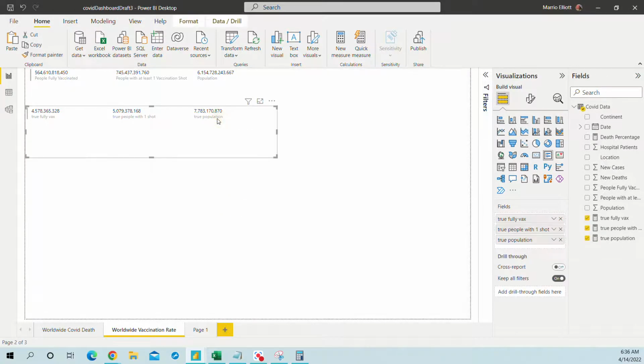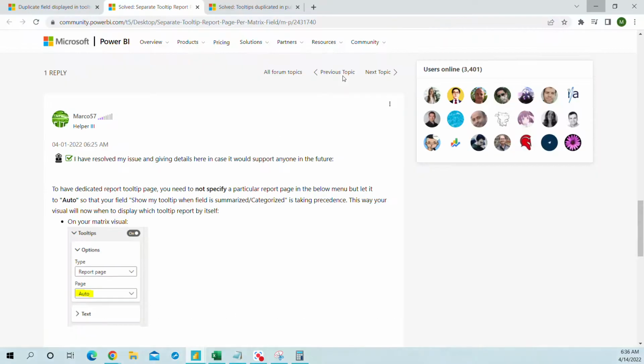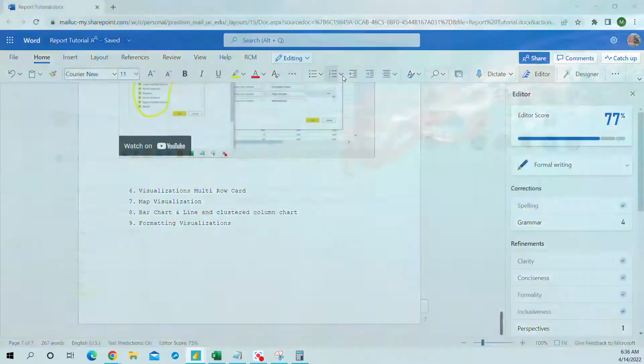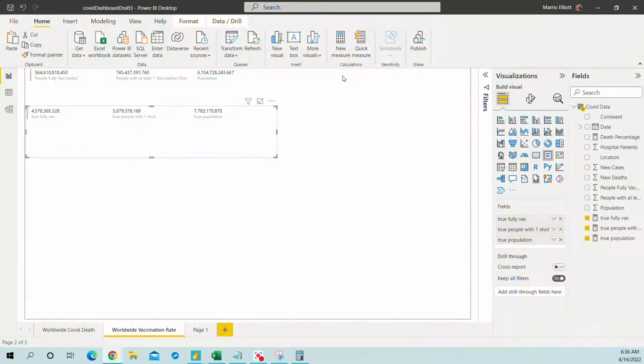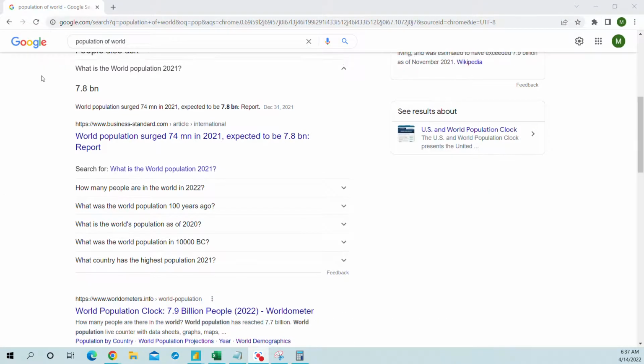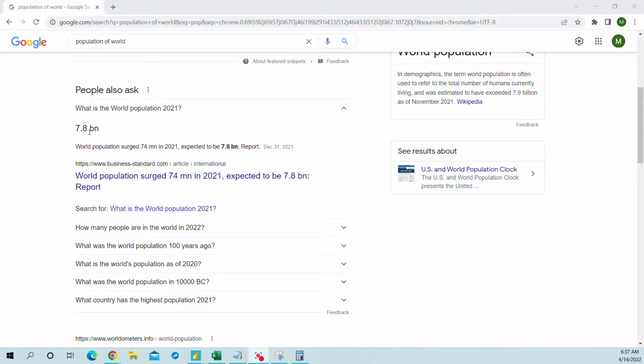Like I said, there's about 8 billion people on earth. Let me pull that up. I looked it up. Look at that. What is the population of the world? 7.8 billion.